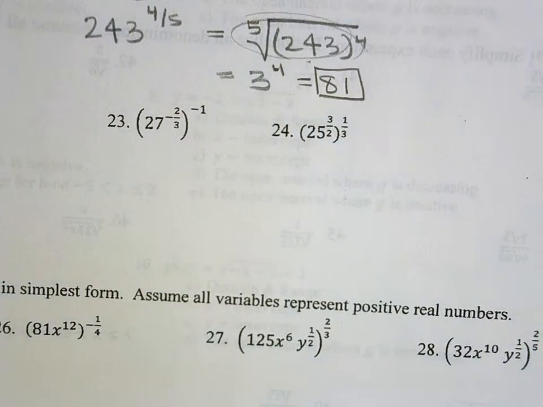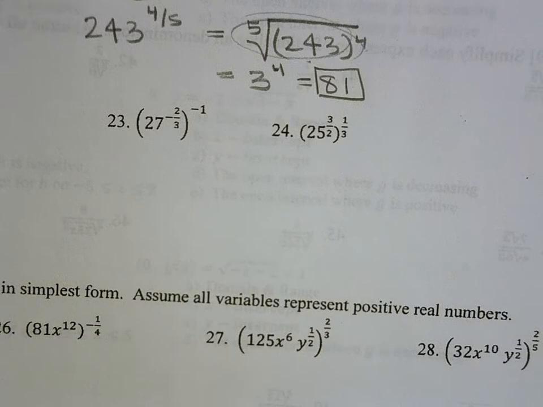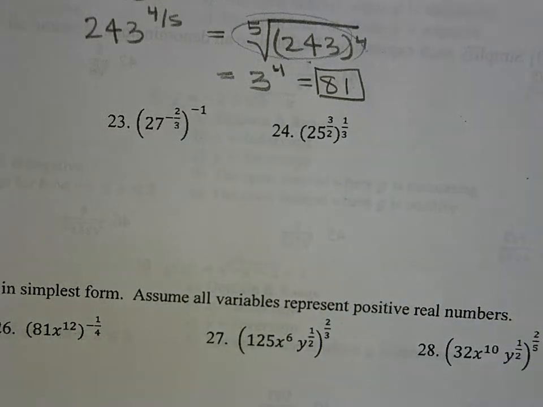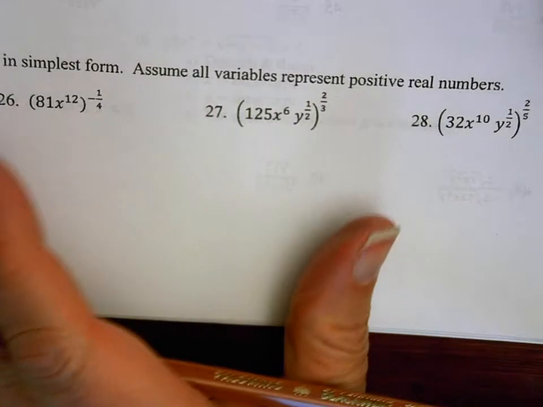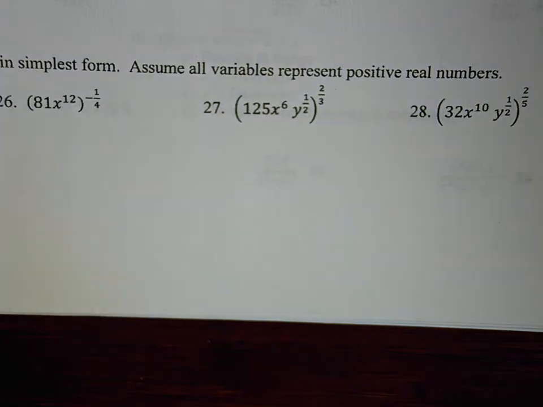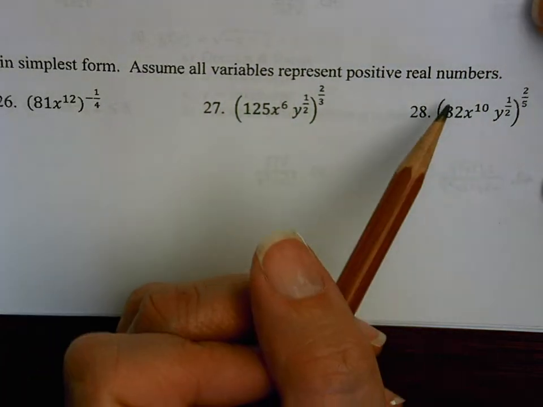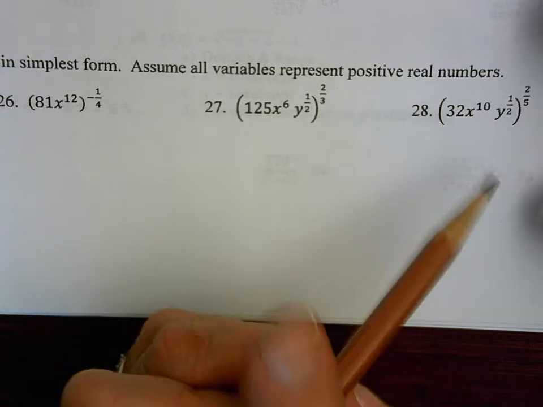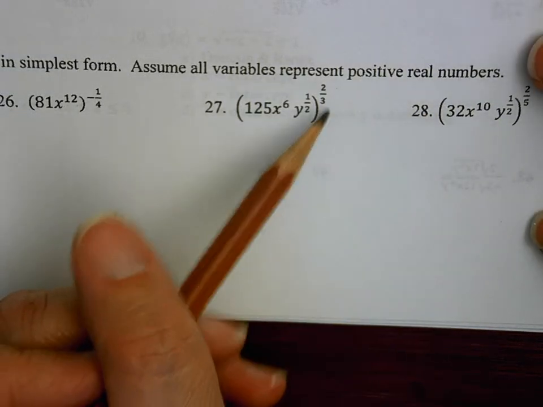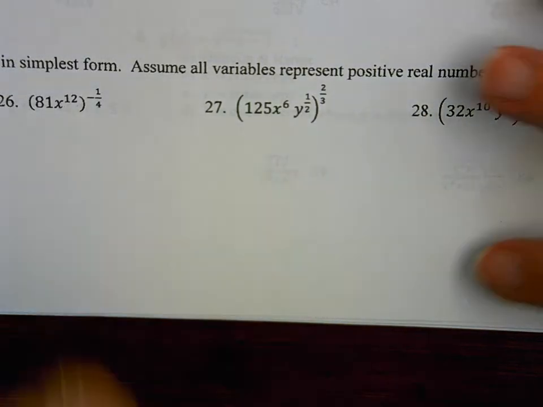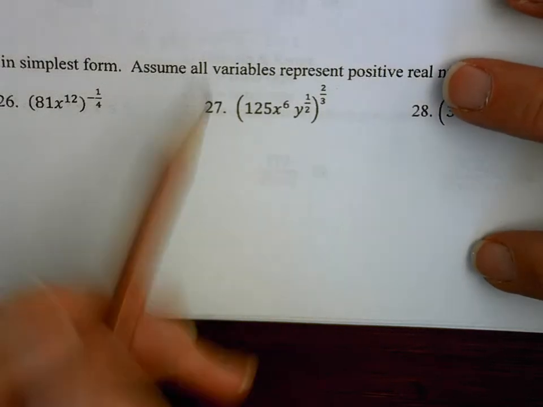Okay. And then let's go ahead and take a look at number 27. For here we want to write each expression in simplest form, and we're assuming all variables are positive numbers. So I have this to the 2/3 power, so I'm going to go ahead and rewrite that.